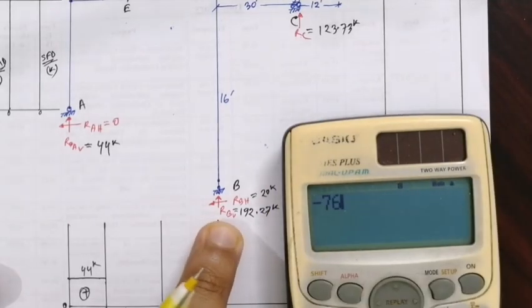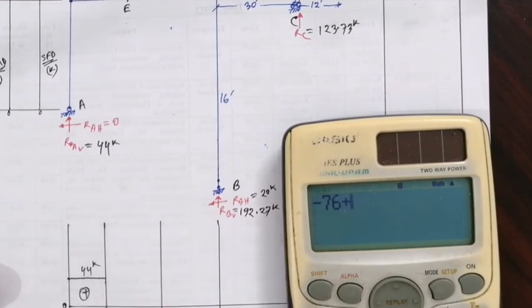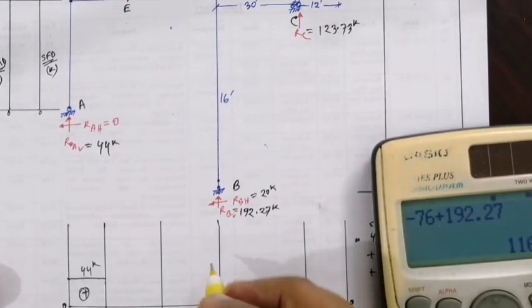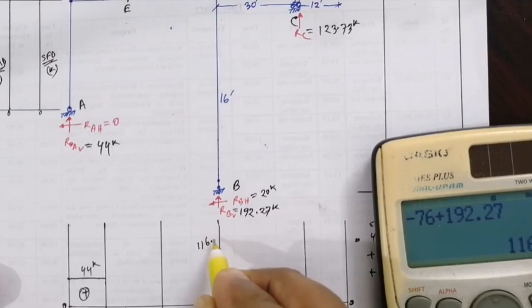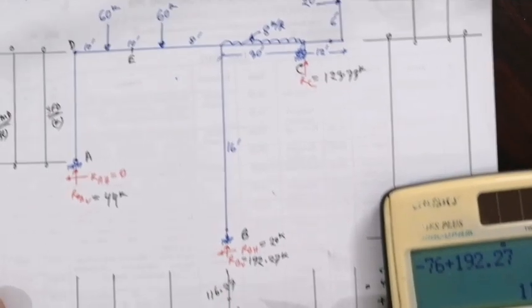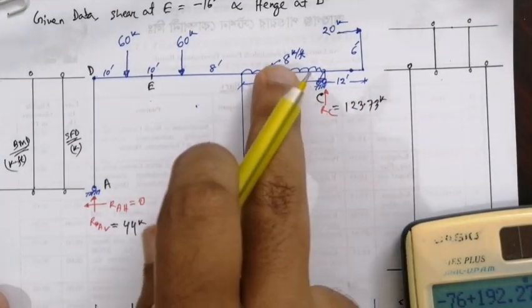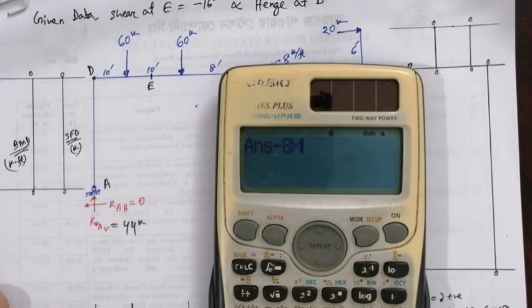Now this is upward, RB vertical positive 192.27, so positive 192.27 gives 116.27 positive, so upward 116.27. Now this is a distributed load, so downward negative 8 into 30.